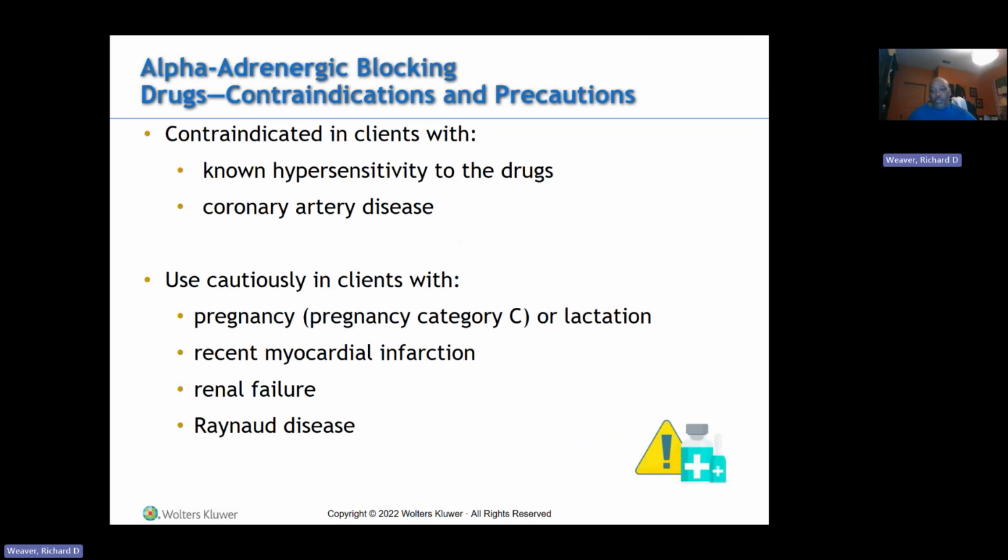Raynaud's disease is a condition where the blood vessels, usually in the fingers and toes, constrict excessively in response to cold or a lot of stress. Because of this vasoconstriction, it reduces the amount of blood flow to the extremities, and it causes the digits, the hands, to turn white, blue, and purple.